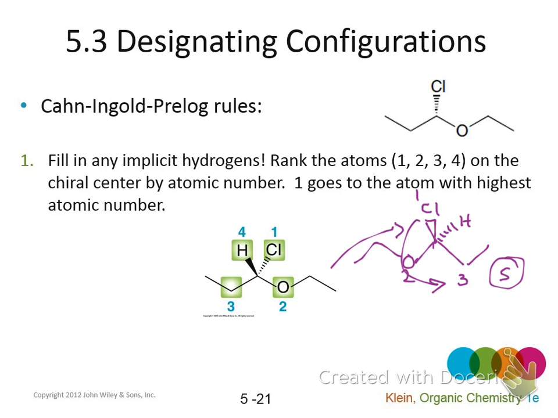So that's one way to do it. The other way to do it is this. The hydrogen's in the front, right? It's going like that. That looks like R. This is like the most expedient way.